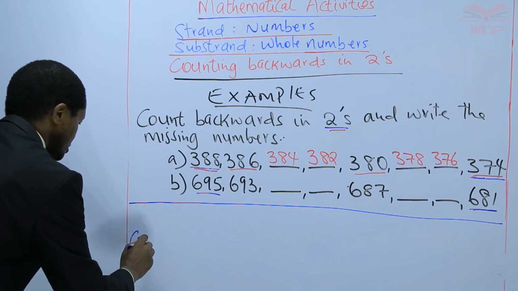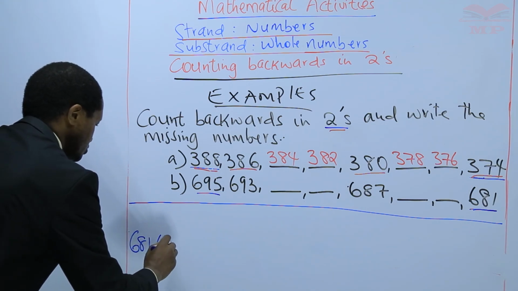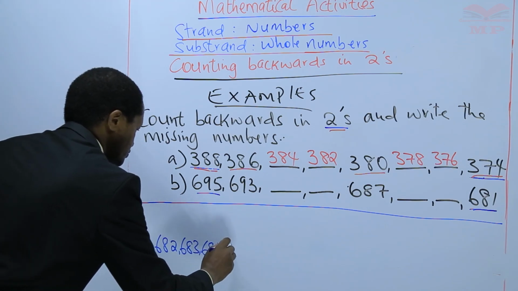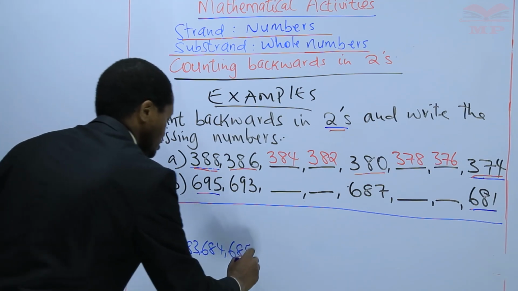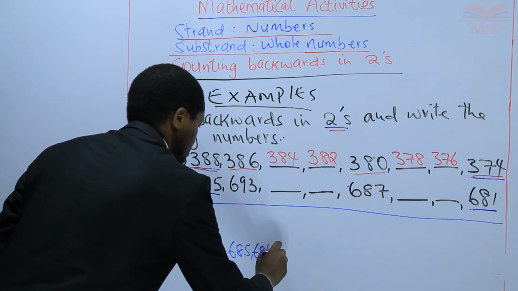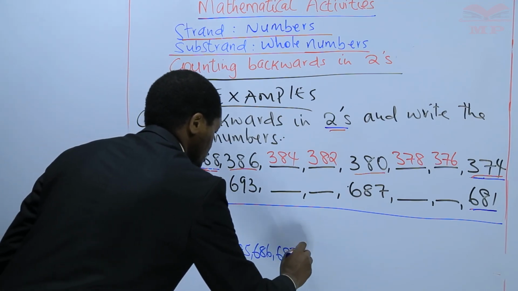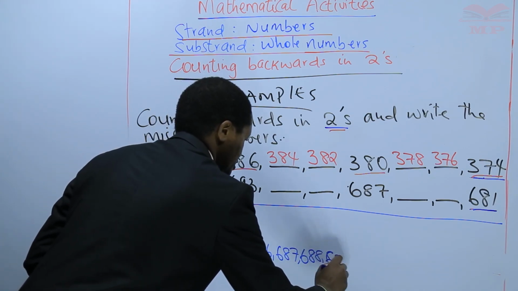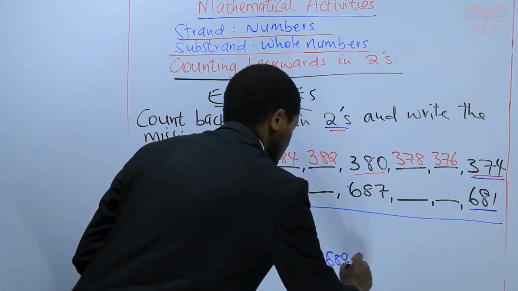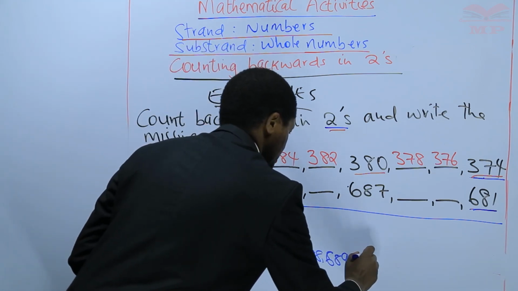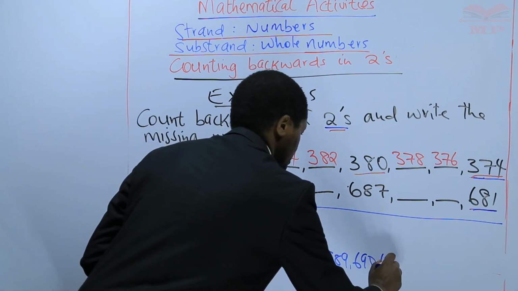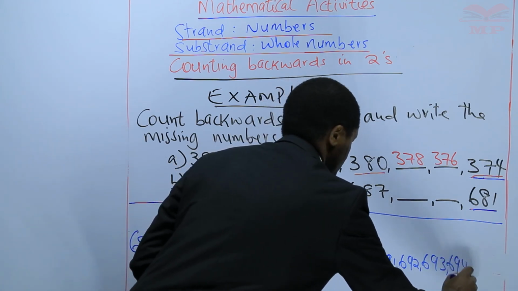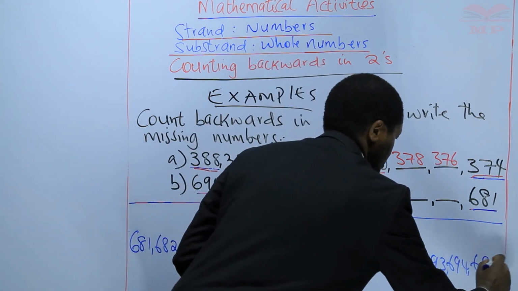681, 682, 683, 684, 685, 686, 687, 688, 689, 690, 691, 692, 693, 694, then 695.